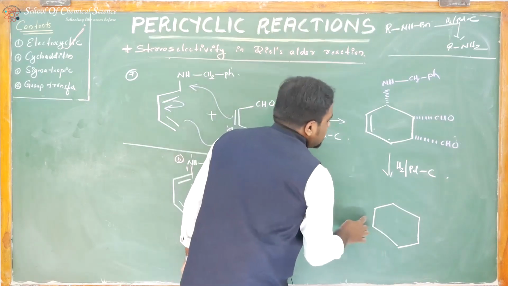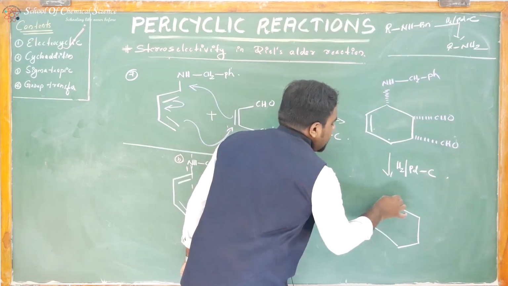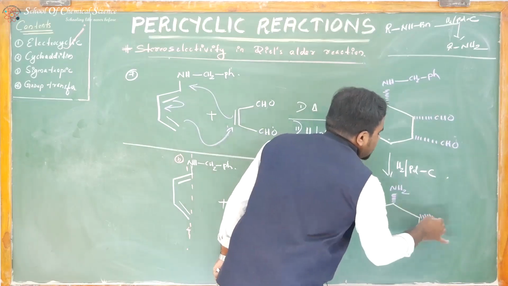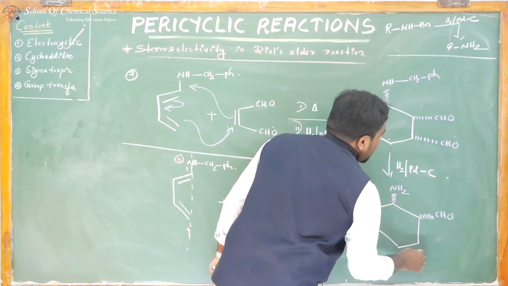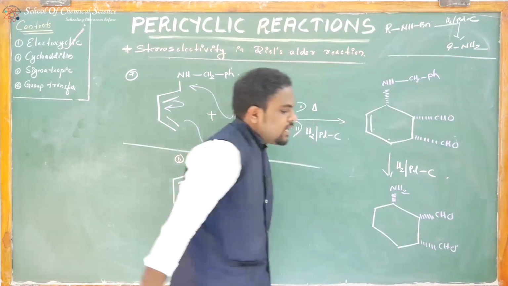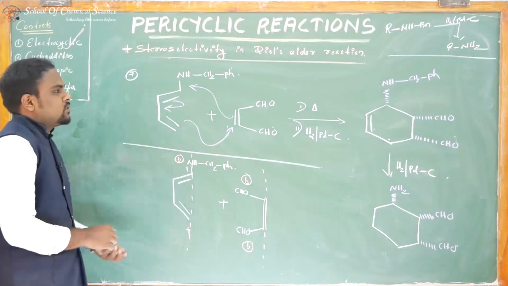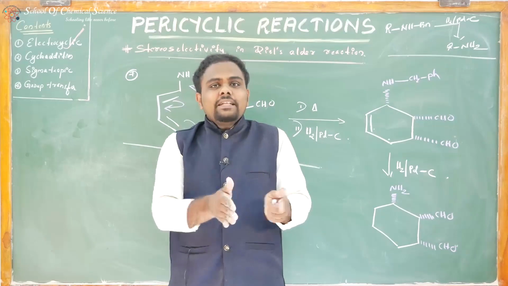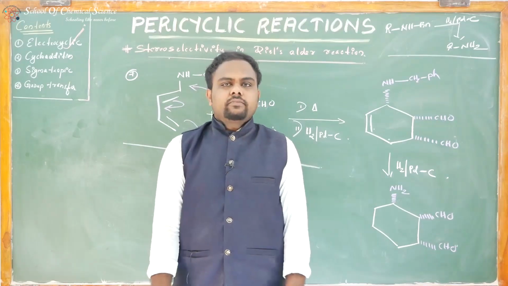The double bond is reduced. So here NH2 is below the plane, and the CHO groups are below the plane. So that will be your final product. That's all about the stereochemistry of diene plus dienophile.